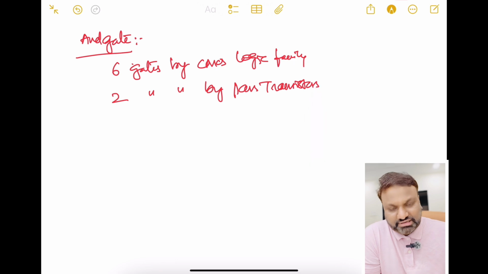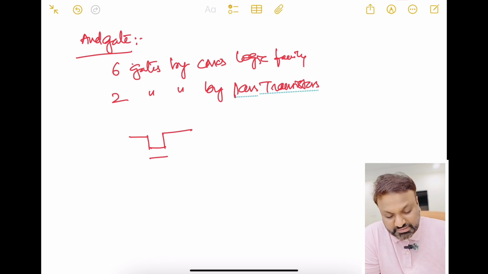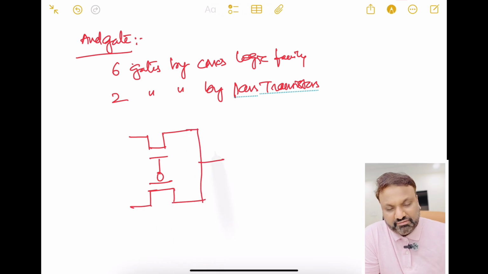How to design the logic: I have a simple structure like this, one PMOS and one NMOS. Here I will be getting the output, and here I will be using one of the inputs.